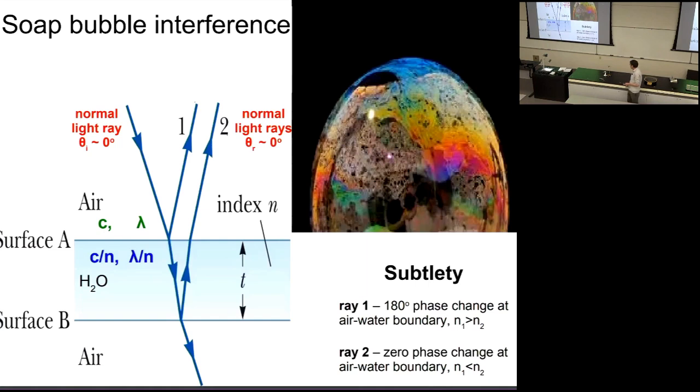So this slide is a diagram of how soap bubble interference works, how in a soap bubble you see rainbows of colors of light. So remember, when you're a teenager, you're blowing soap bubbles, and these amazing soap bubbles, you look in them and they've got all sorts of colors to them.